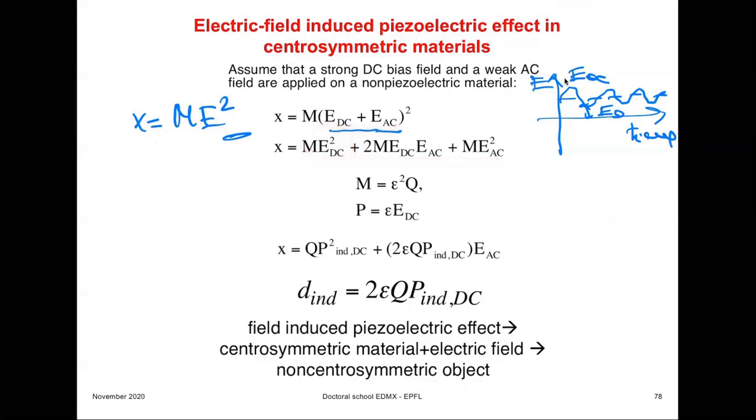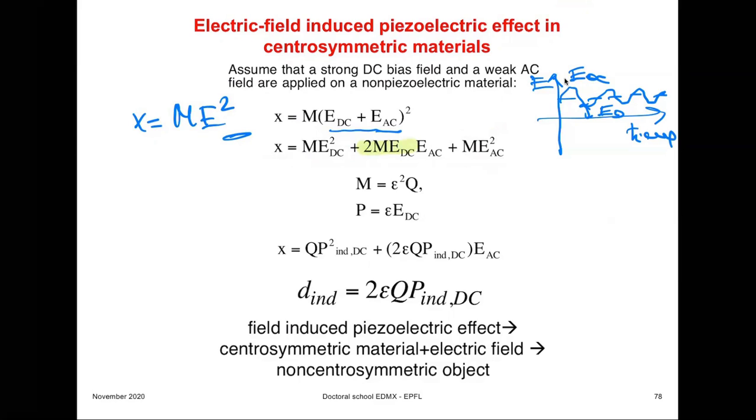M is constant. Electric field DC squared is constant. This is pure electrostrictive effect, which we will neglect simply because it is small. It's still there, but we will neglect it because it's small. And we get that strain is equal to this term here times AC field.